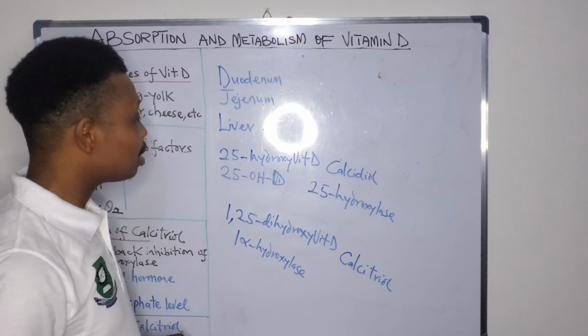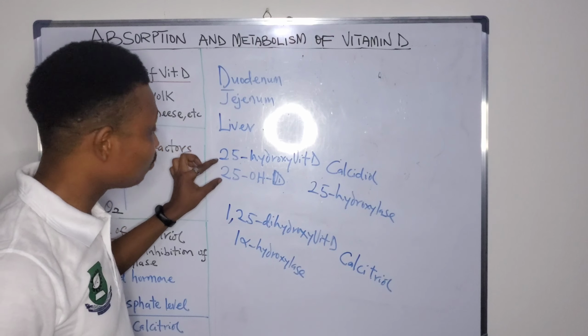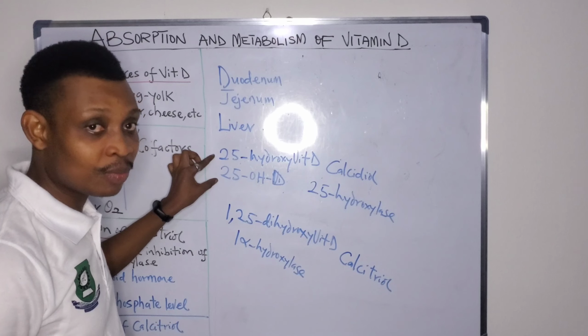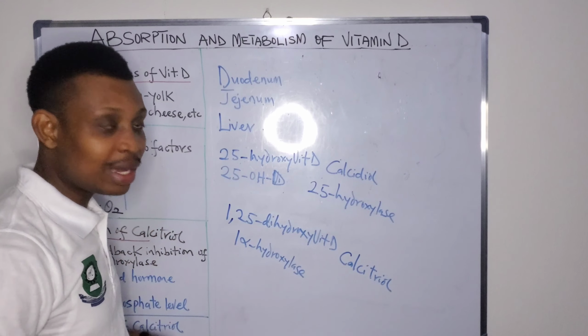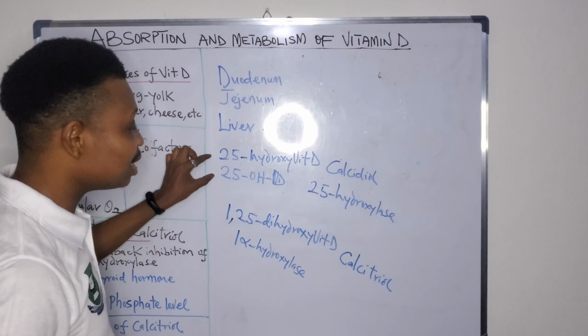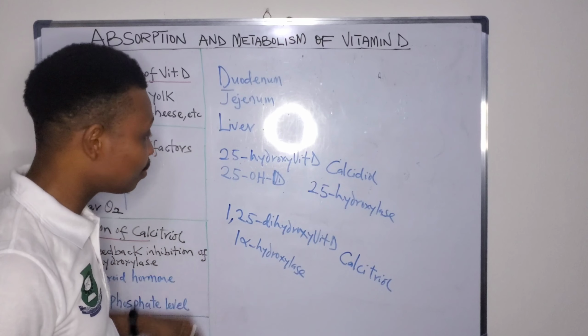This 25-hydroxy vitamin D is the main form of vitamin D present in the circulation. So, when vitamin D is being assayed for, it is actually in this form that it is being assayed.